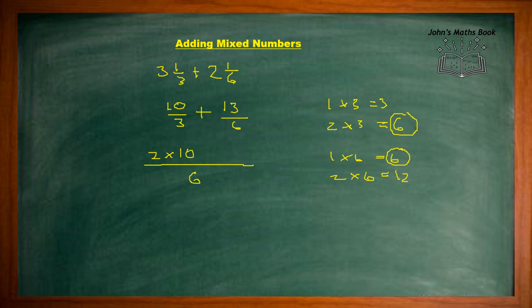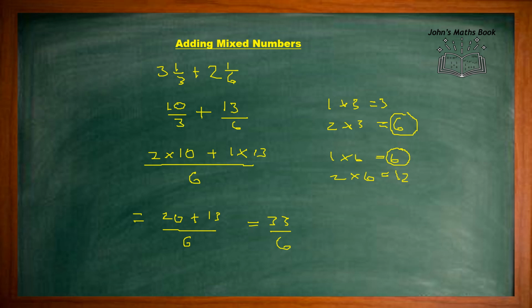And then added to 6 into 6 goes once, so it's 1 times 13. That equals 2 times 10 is 20, plus 13, divided by 6. That equals 33 divided by 6, because 20 plus 13 is 33.